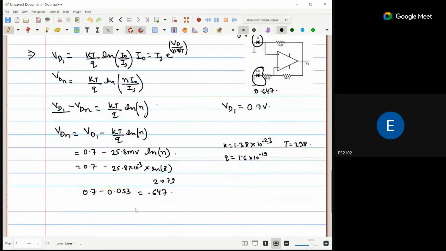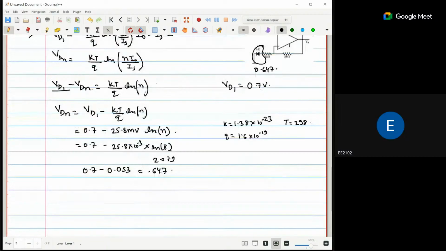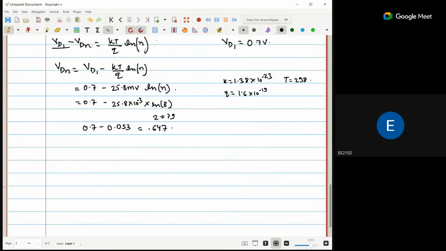If I say this voltage is applied, V out one is nothing but 0.7 times 1 plus RF by R1.